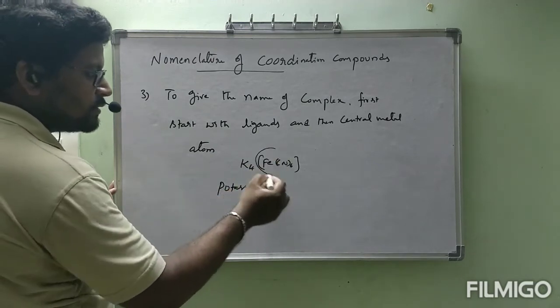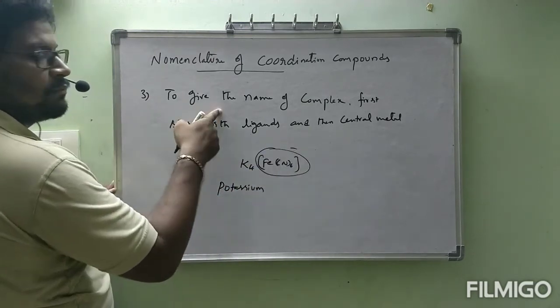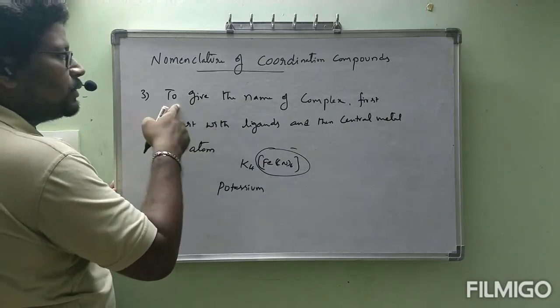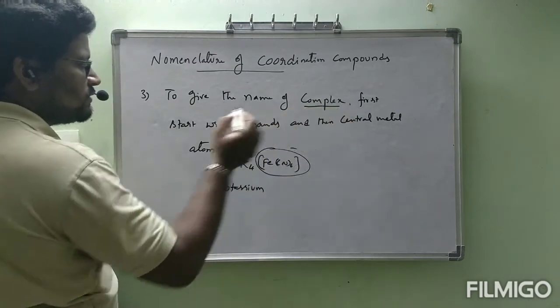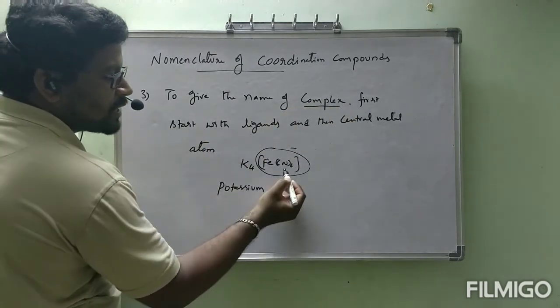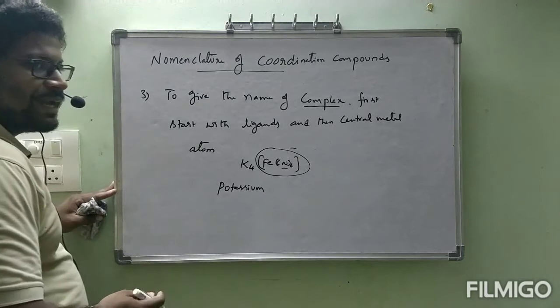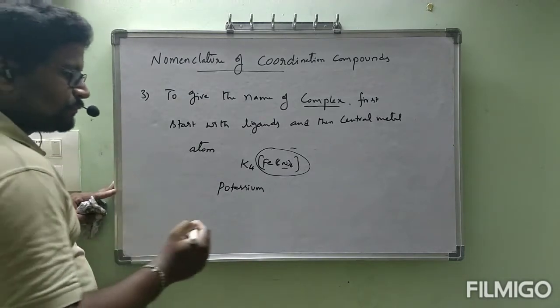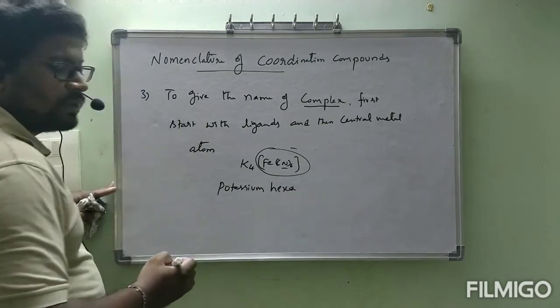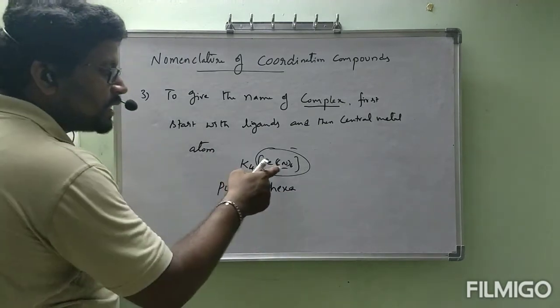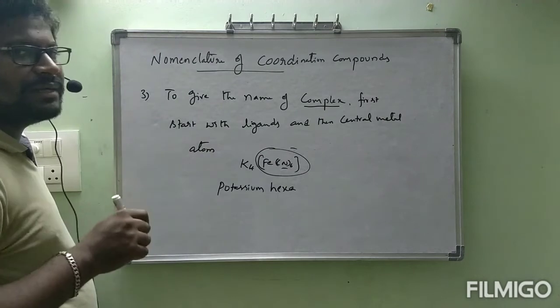Now, the negative part is there. This negative part is complex. To give the name of the complex, first start with ligands. So, what are the ligands we have? Cyanide ligands. How many? 6. So, potassium, hexa. 6 means hexa. CN means negative ligand.